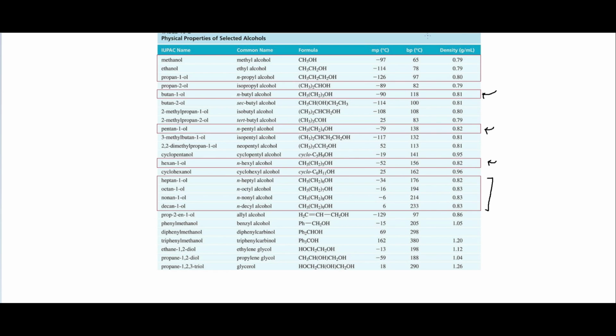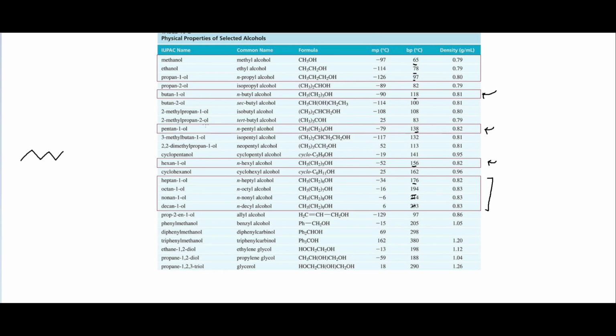And so we can see if we look at these that the boiling point kind of goes up as we increase the number of carbons. So we can see these boiling points going up for each of these. And that is to be predicted, because every time we add another carbon, it's going to have more of those van der Waals forces or London dispersion forces to help them stick together better.